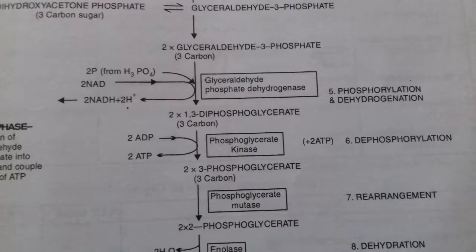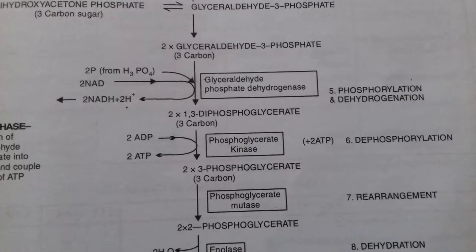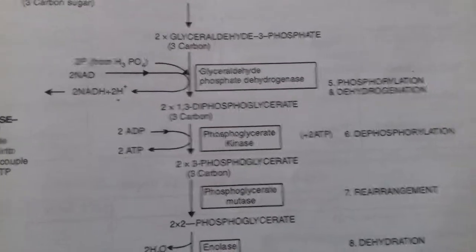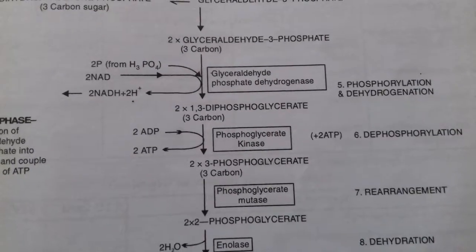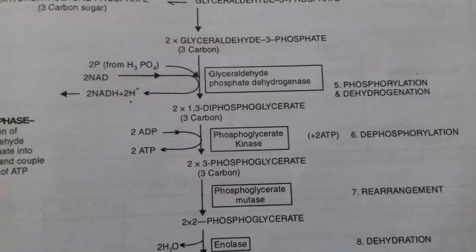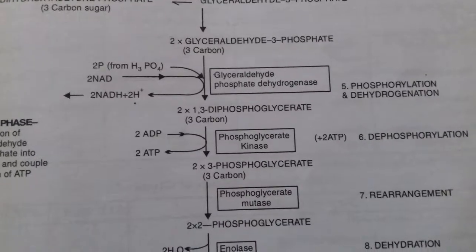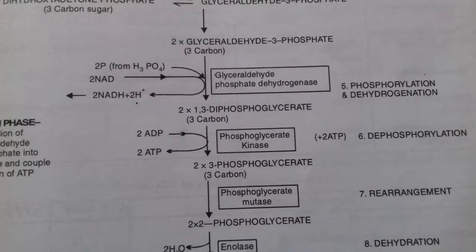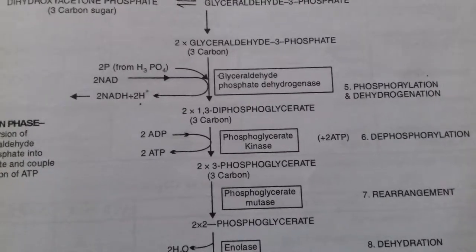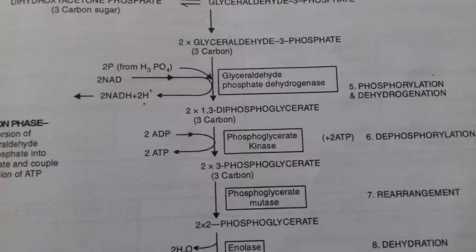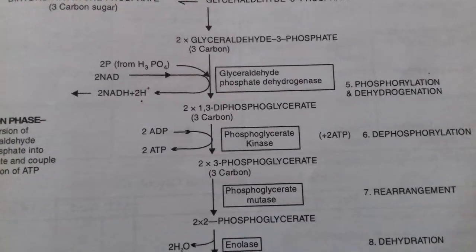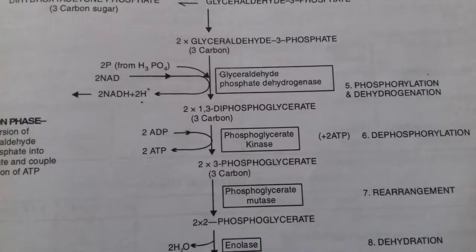It will donate its phosphate to 2 glyceraldehyde 3-phosphate. That is why it is known as phosphorylation. And in dehydrogenation, there will be loss of hydrogen atoms. So 2 NAD, which is also known as the universal acceptor of hydrogen, will take hydrogen atoms from here, and it will produce 2 NADH plus 2 H plus.